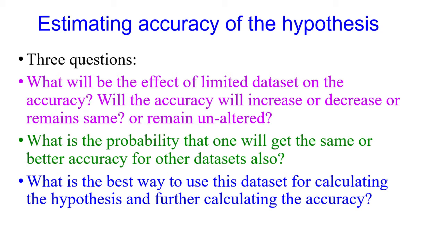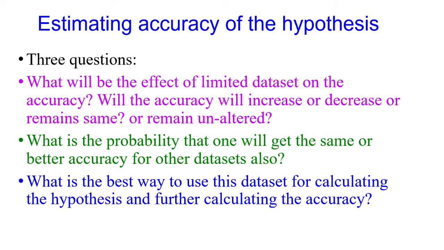We will find out the statistical methods for finding out the hypothesis accuracy, and this will be done based on 3 questions. The first question is, suppose that we have found out the accuracy of the model considering a small data set. Means the data set is limited.